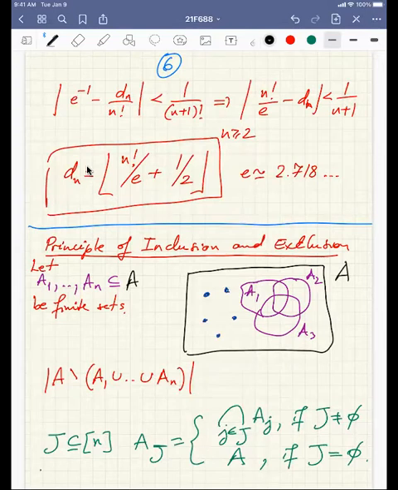So clearly A index the empty set is A, but if I put the subset 1 and 3 here, this is just going to be A1 intersect with A3.